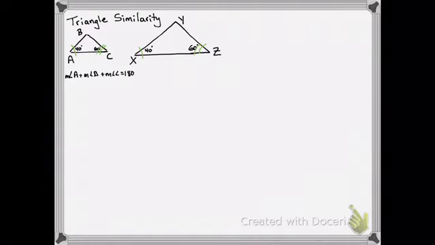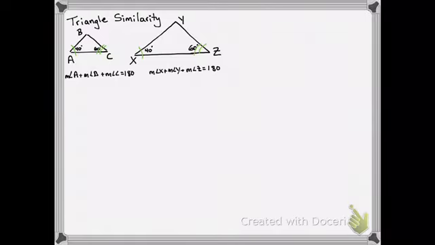We also know the same is true about triangle XYZ. The measurement of angle X plus the measurement of angle Y plus the measurement of angle Z would also have to equal 180 degrees, because that's what's true about all triangles.